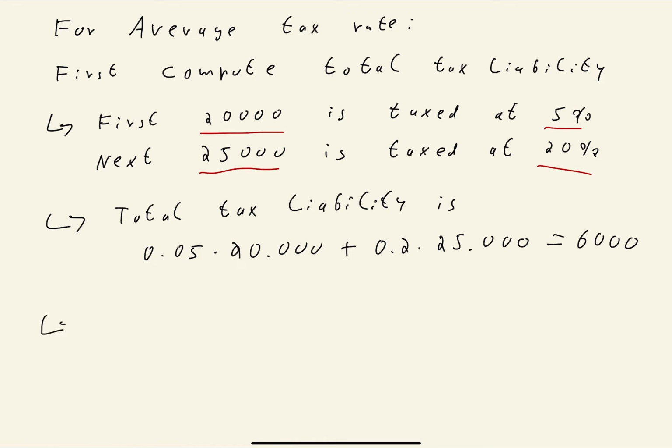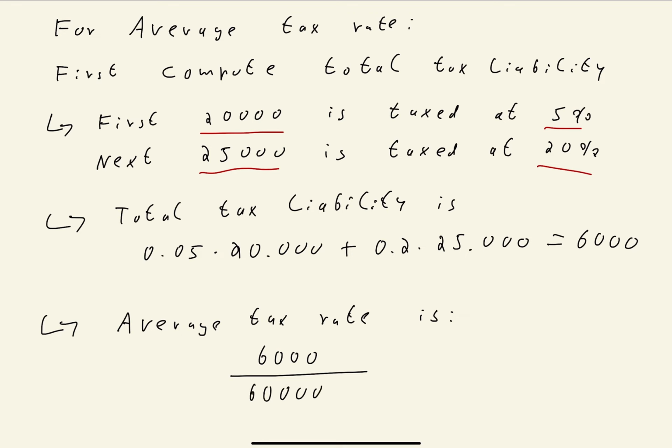Therefore, the average tax rate is the total tax liability, so 6,000, divided by the total income, so not the total taxable income, but the total income of the family, which is 60,000. And this is equal to 0.1. Therefore, the average tax rate is 10%.